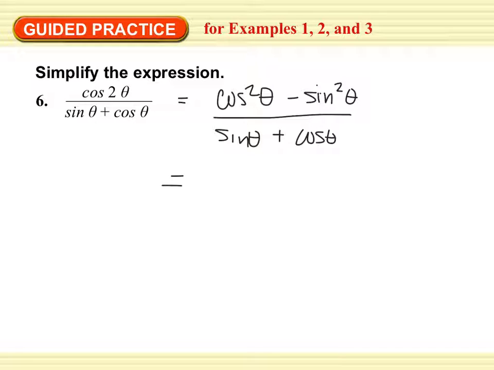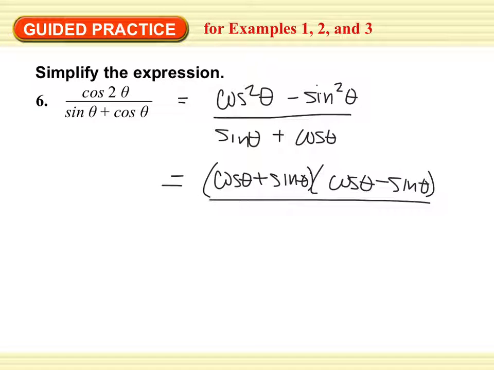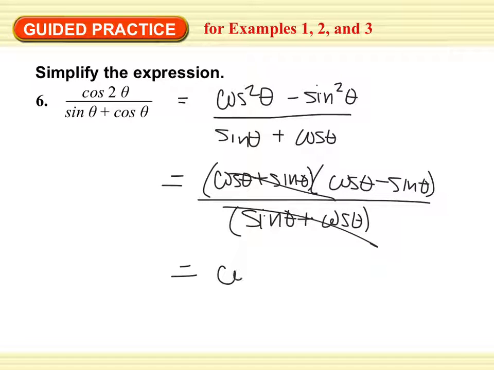Now that numerator, that's the difference of perfect squares. So I can factor that into cosine theta plus sine theta times cosine theta minus sine theta all over sine theta plus cosine theta. So I can simplify this by canceling those out, and I get a basic cosine theta minus sine theta.